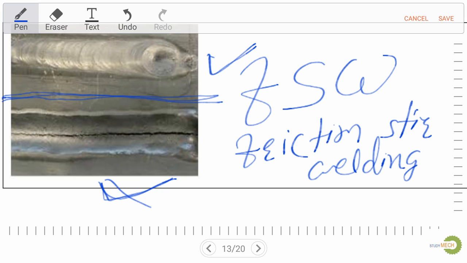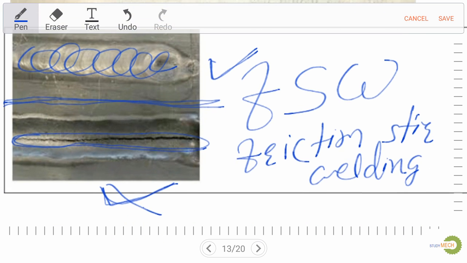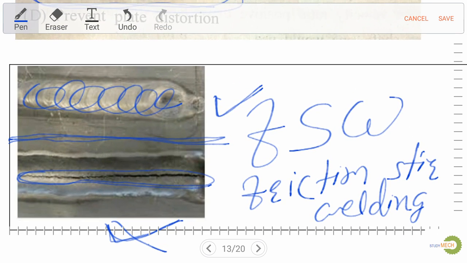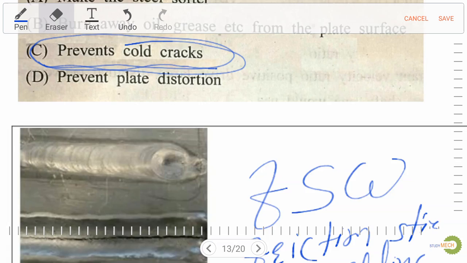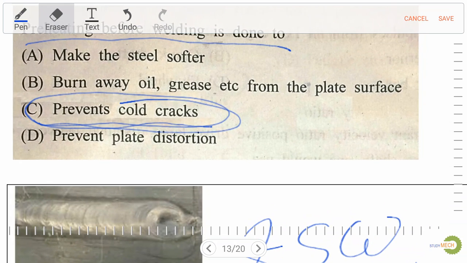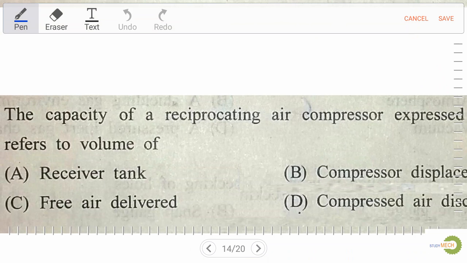So as we can see, in the lower portion there is a cold crack developed after the welding, and in the above figure we have good welding output. So here we can see the clear difference of preheating, and preheating is used to prevent the cold cracks in the welding process. Now let's discuss the new question.